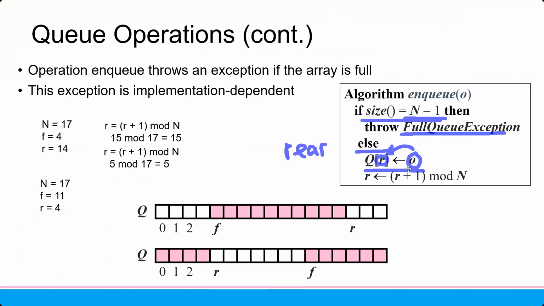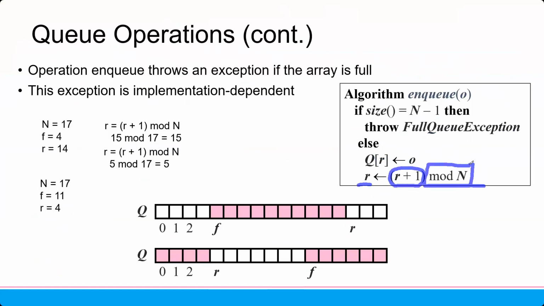And then the rear position R will be updated. How can we update R? We do R plus 1 and then mod N. Why do we need mod N?